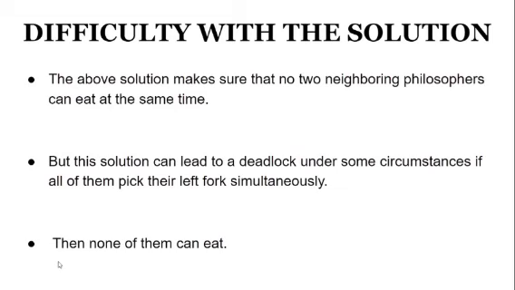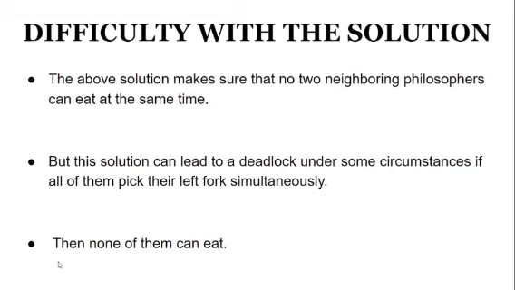Now, under a certain circumstance, this solution becomes a failure and leads to a deadlock where there is no progress and it comes to a static point. Now, what is this circumstance? It can lead to a deadlock only if all the philosophers pick the fork simultaneously, that means at the same time.